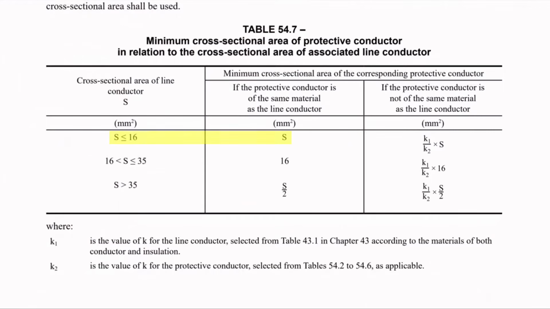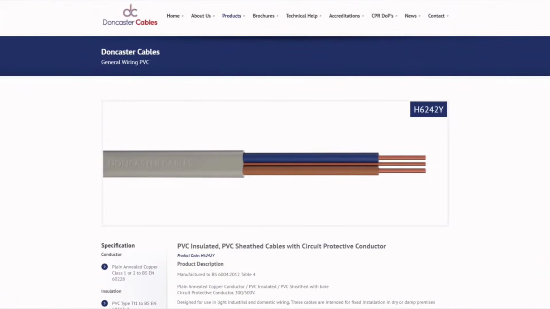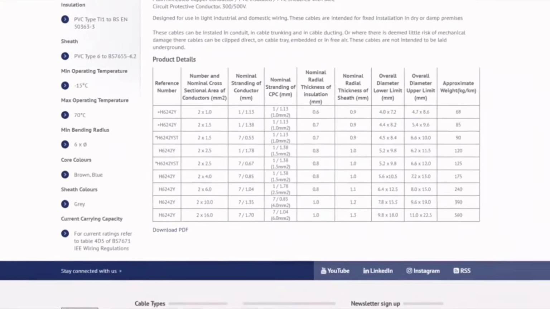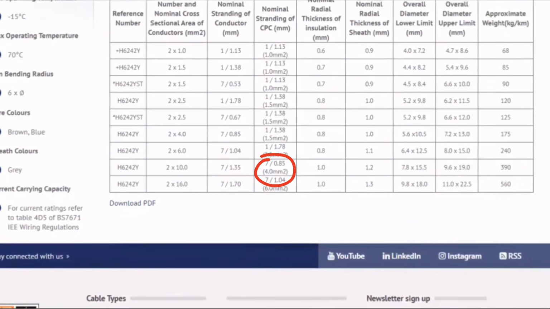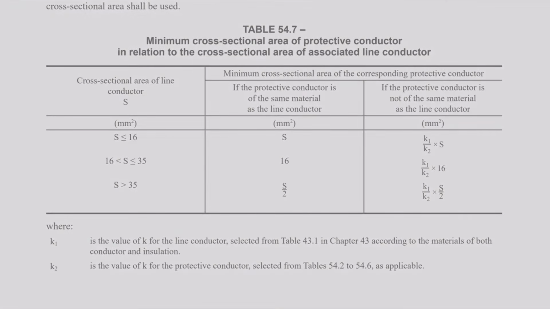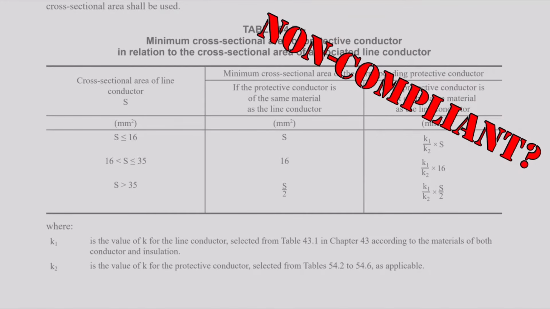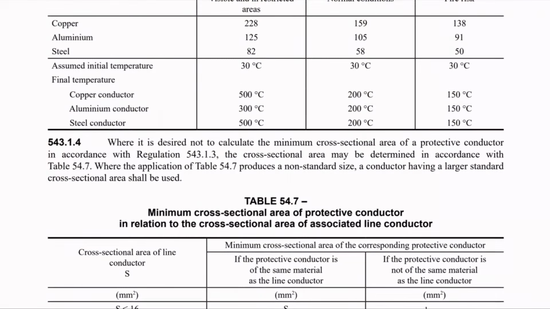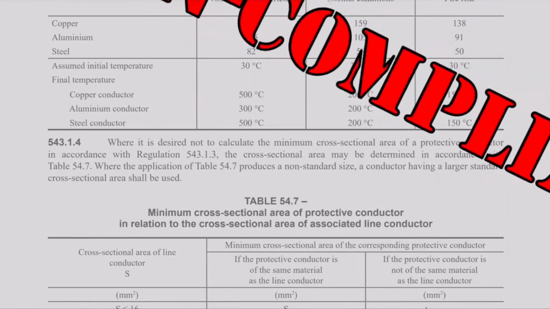But if you remember in the last video, we looked this up in the datasheets and found that the CPC was just 4 square millimeters in size. So it doesn't even comply with the bottom row requirement of being half the size of the line conductor. So our circuit doesn't comply with table 54.7, and so it doesn't comply with regulation 543.1.4.